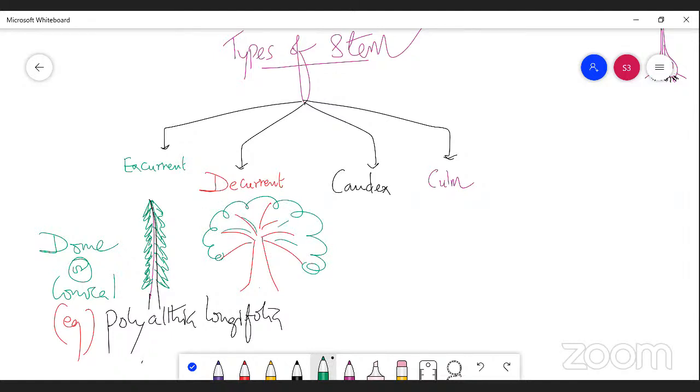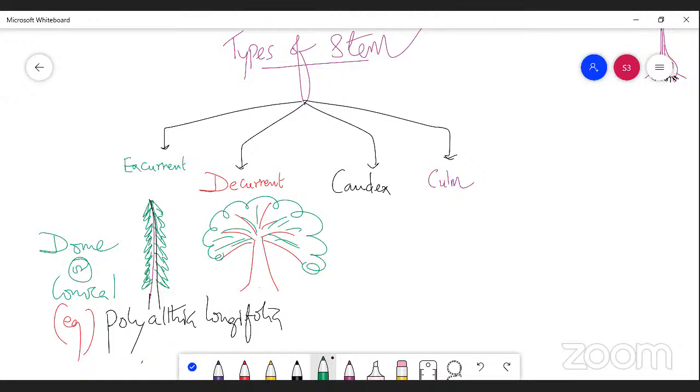The lateral branches grow very fast, but the main axis grows very slowly, hence it forms something like a banyan tree. So this is an example of decurrent: the lateral growth is faster and the main axis is slower. Hence it occupies more area in the environment. That is called decurrent.